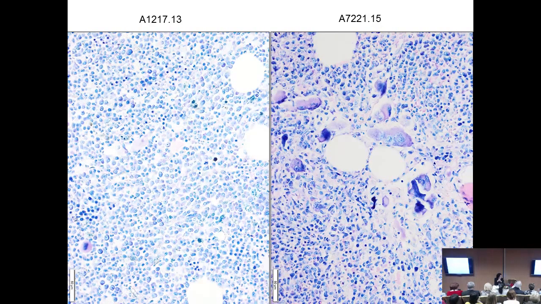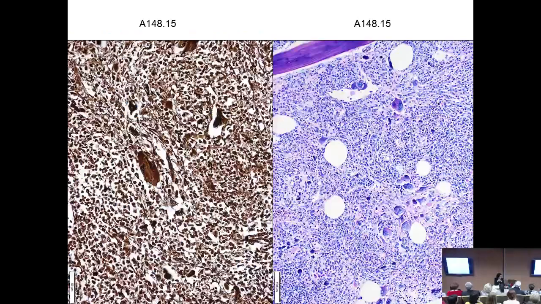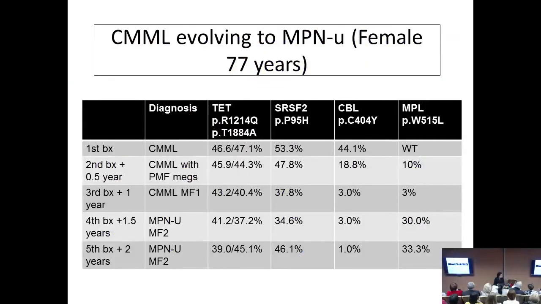What is behind this phenotypic change? And also in 2015 we had an increase of fibers here, and you see here this cluster of megakaryocytes, which is quite typical for MPN and not for CMML.